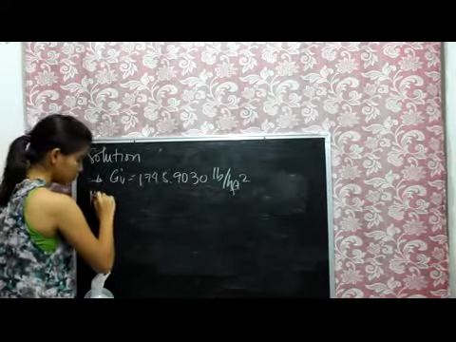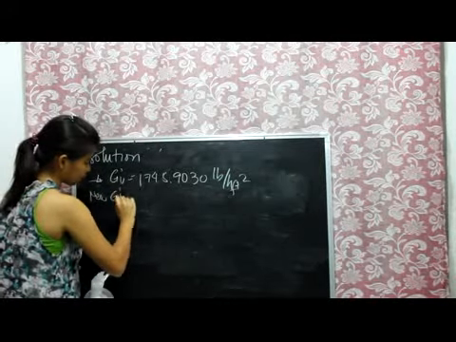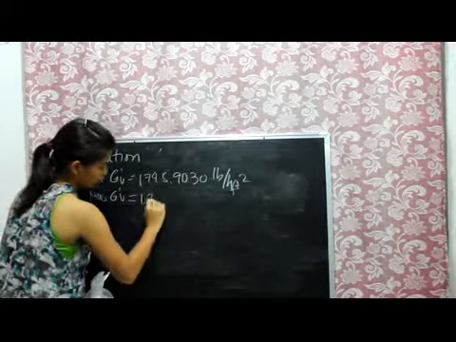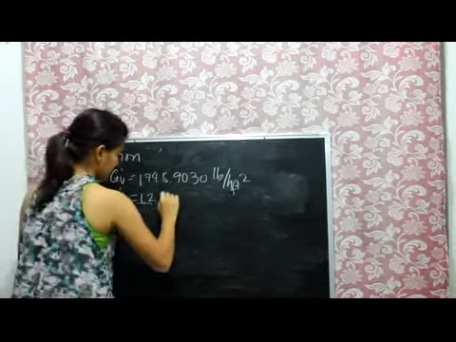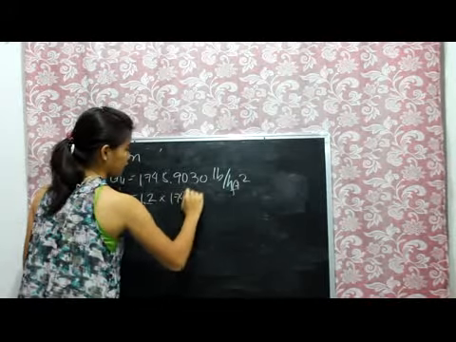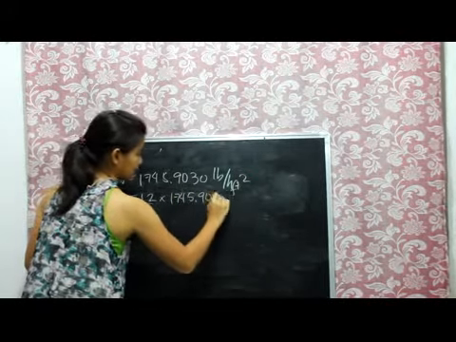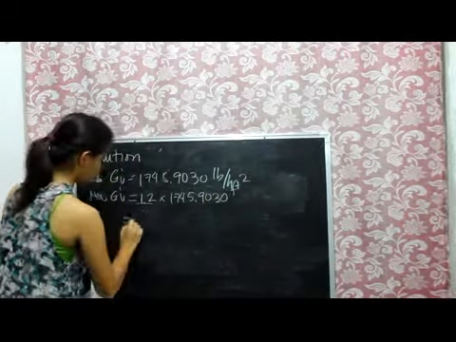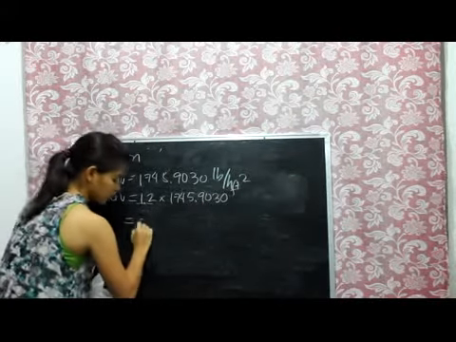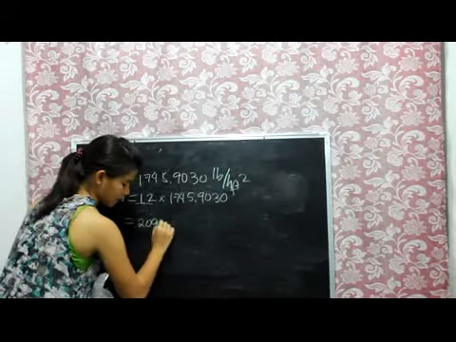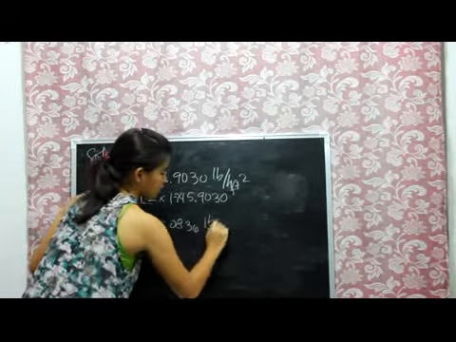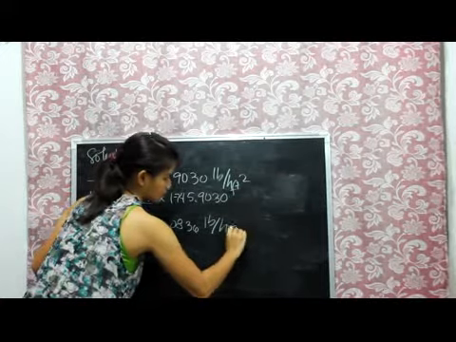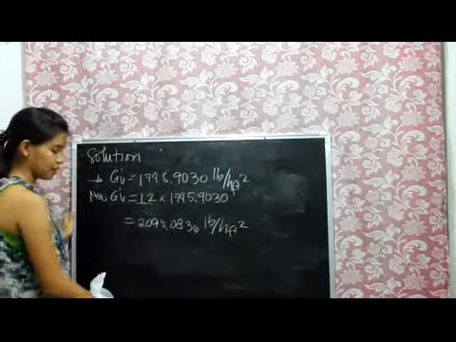So our new G prime V is equal to 1.2, since it is increased by 20%, times the initial 1745.9030. And our new G prime V is equal to 2095.0836 pounds per hour feet squared.